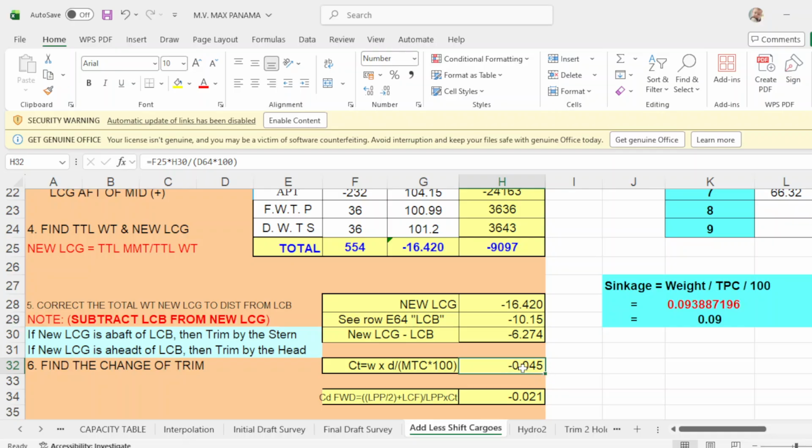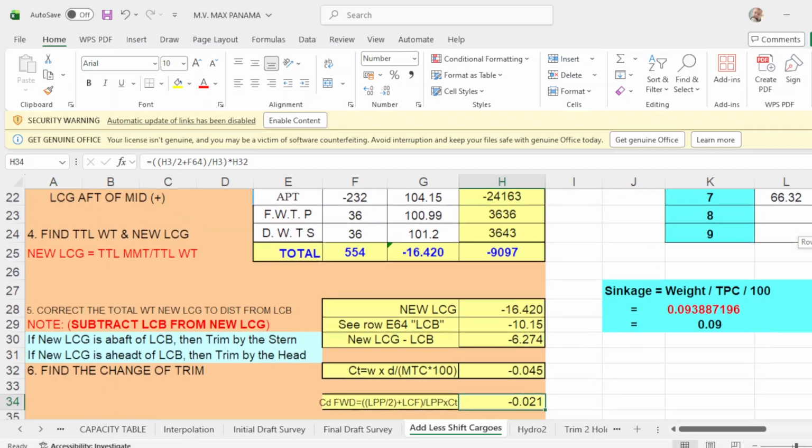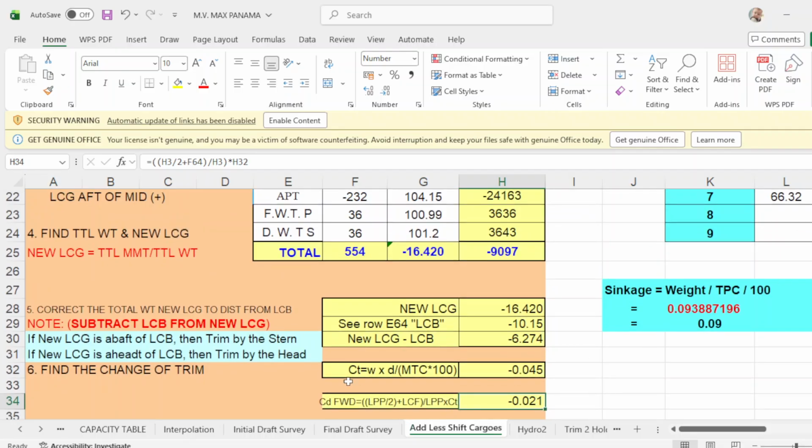Then you go to how to get the change of the forward, and this is the formula, guys. Change of the forward is half of LPP.